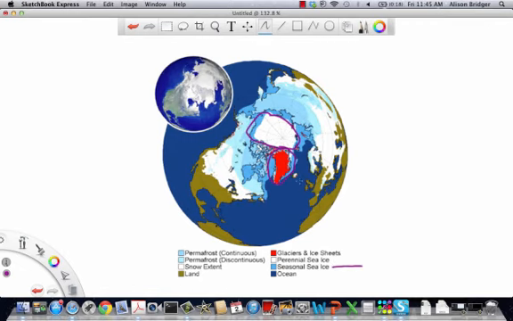Blue is seasonal ice, so you can see that up in this region here, and here in the Bering Straits and down into Hudson's Bay. Seasonal ice means that it's ice covered in winter and open water in summer. According to this, the white stuff, perennial ice, but as we'll see, that is changing dramatically right now.